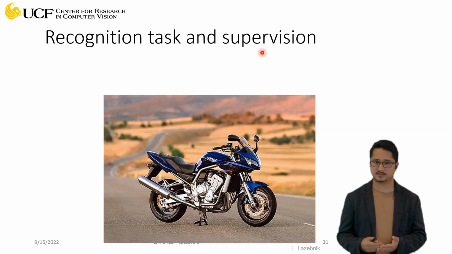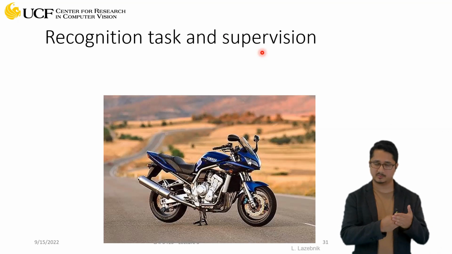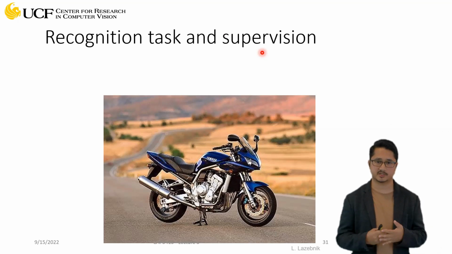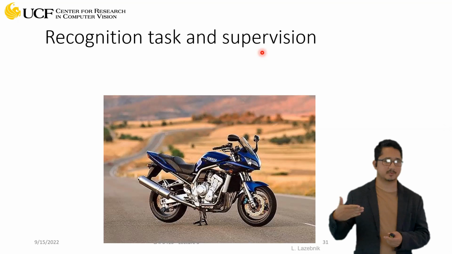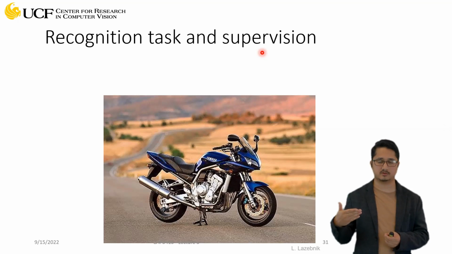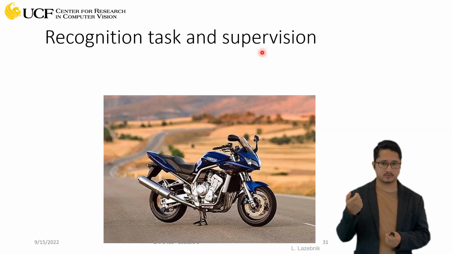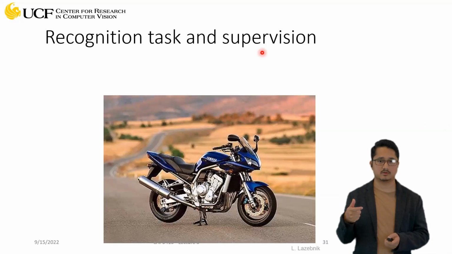If the task is image classification, where you just have to look at this image and say which object is present, then when you train, your model will make this prediction, whether a motorcycle is present or not. So to estimate how good that prediction is, you need a ground truth or a label.